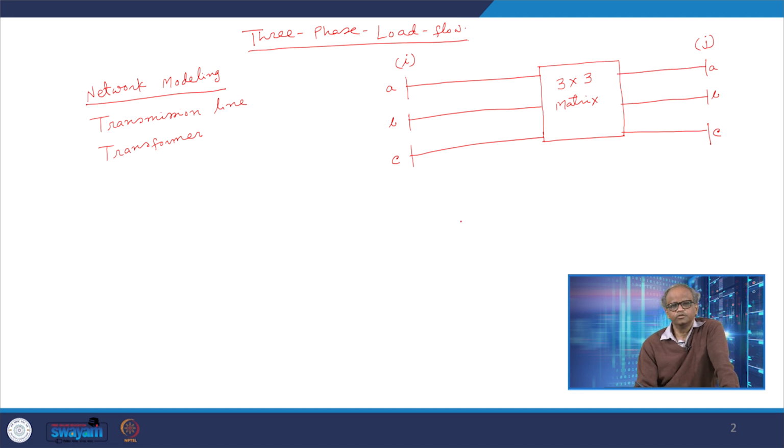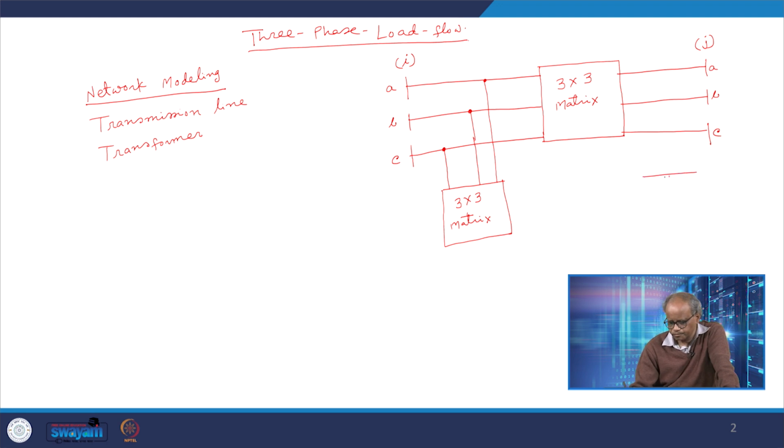And the shunt part, which we divide into two equal parts, is also represented by two 3 cross 3 matrices. We have already looked into how these 3 cross 3 matrices are built, and similarly here also.